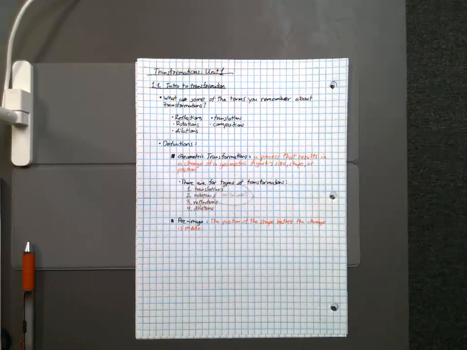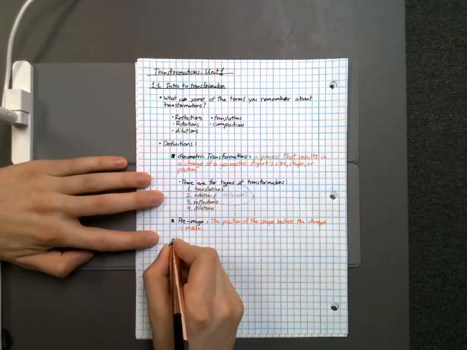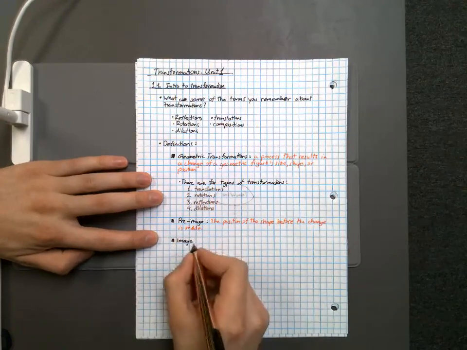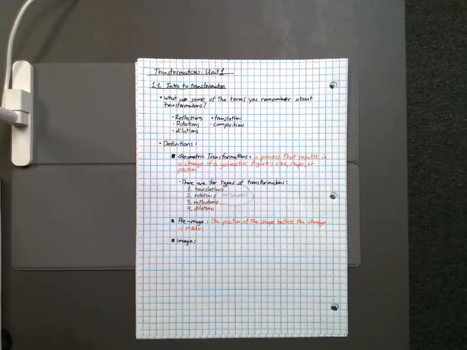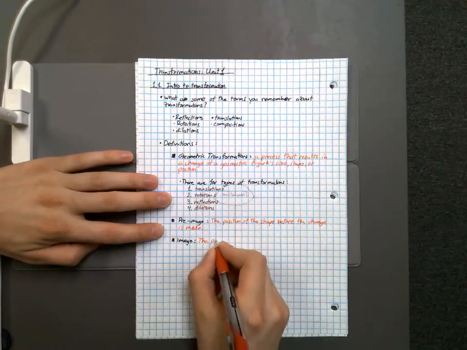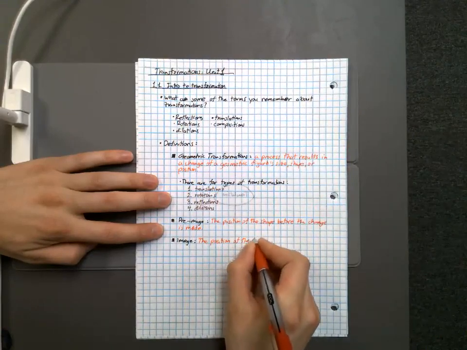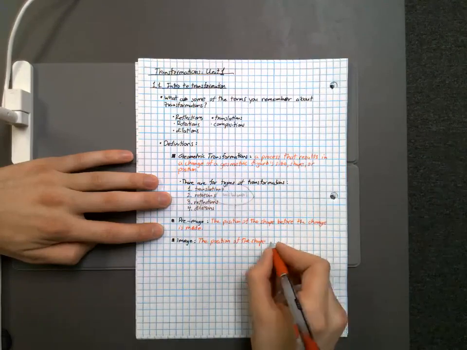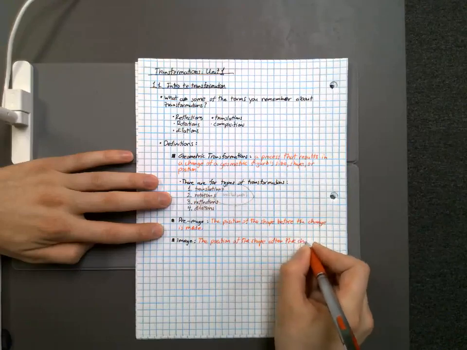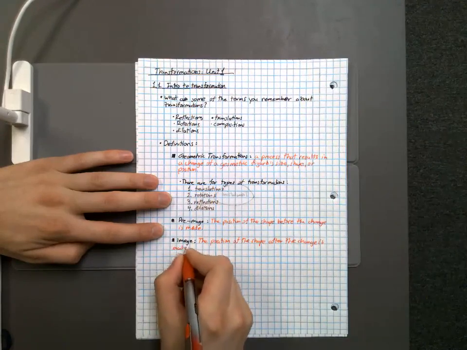And likewise, if we have one for pre-image, we must have one for post. Well, the thing is, we're mathematicians. We're lazy. We don't say post-image. We just say image. It's a lot easier just to say the pre-image first and then just say image after the fact. Okay? And when we say image, what we're referring to here is the position of the shape after the change is made.